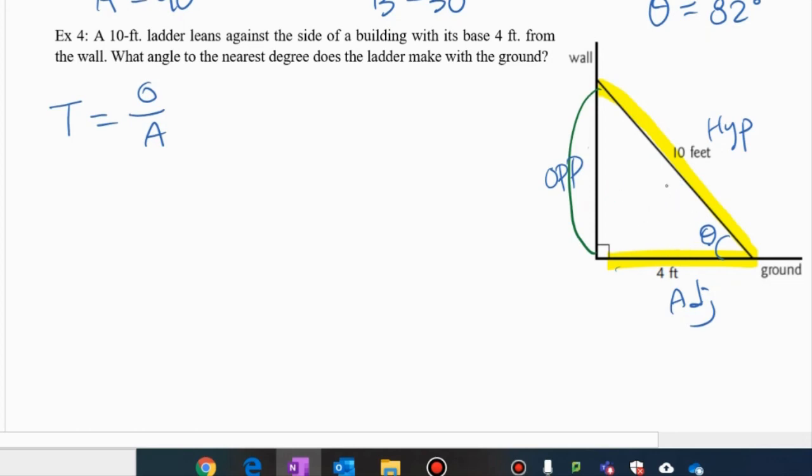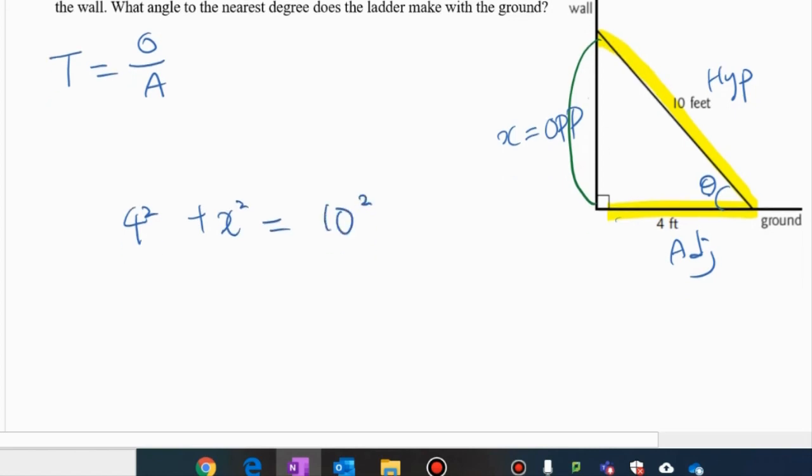So a squared is 4 squared. Let's say opposite is x. x squared should be 10 squared. Then 16 plus x squared is 100. Then let's subtract 16 from both sides.